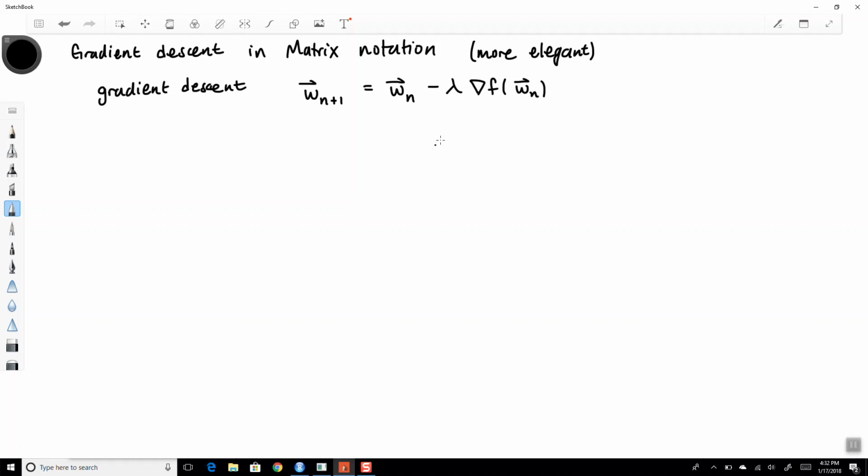In this case f is our loss function, so if you want to write L instead of f, that's fine.